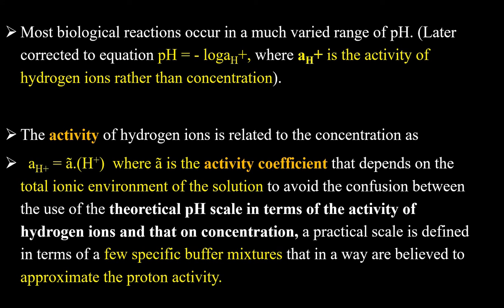Here a_H plus means approximate proton activity. Here activity is the number of moles per liter, or the approximate concentration in moles per liter.